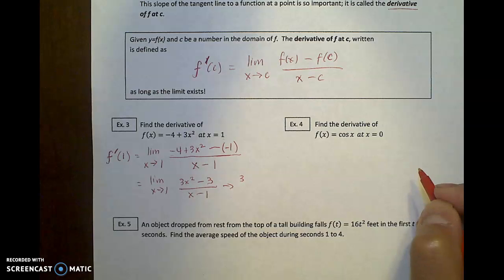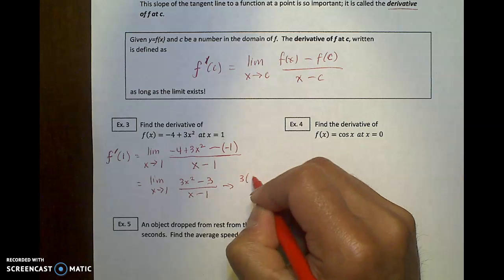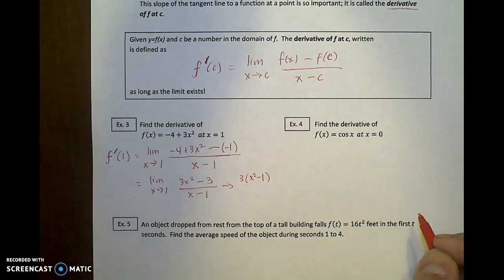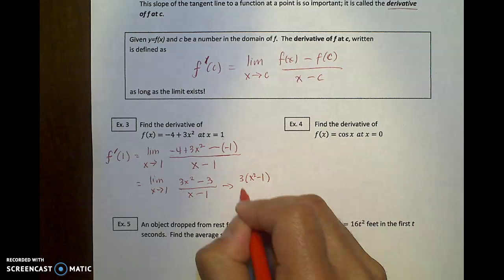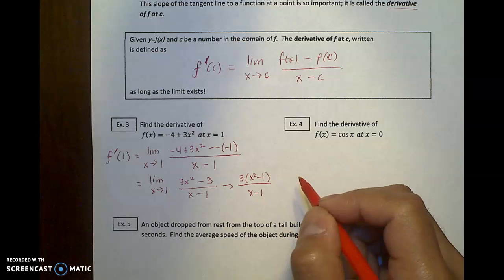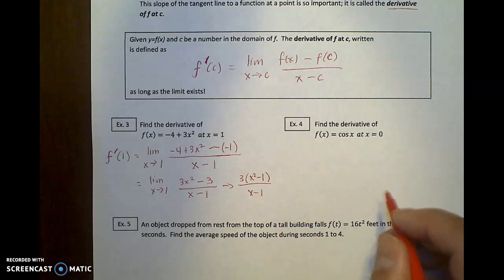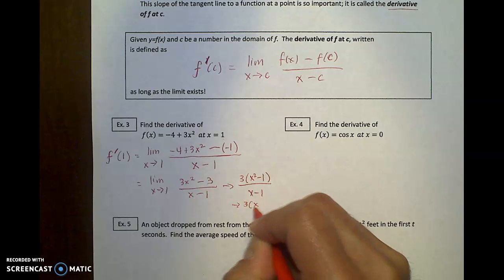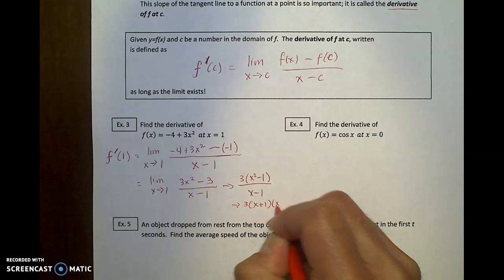Take out a GCF of 3 up top, so now I'm left with x squared minus 1. Nothing cancels yet, so I want to factor again. Difference of perfect squares, so it's x plus 1 times x minus 1.